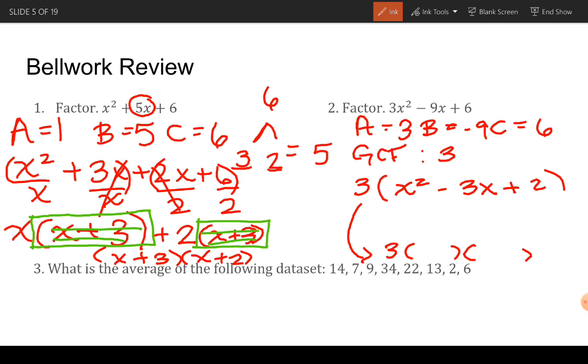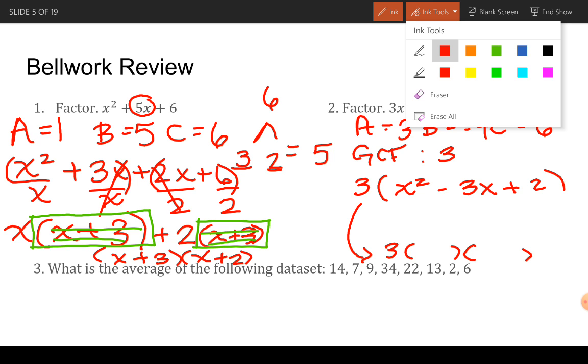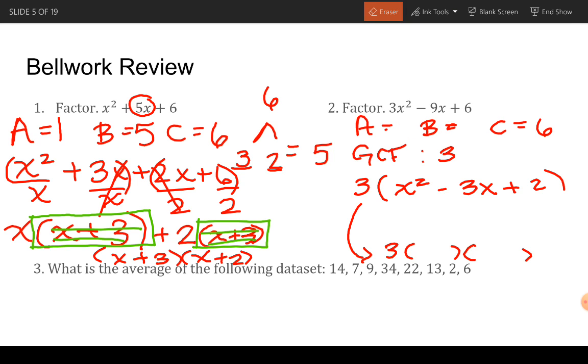So now we need to multiply A times C and add it to B. Okay? So in this case, we have new values for A, B, and C. So let's go ahead and update those. Our new values are now 1 for A, -3 for B, and 2 for C. So we need to find our two magic numbers.